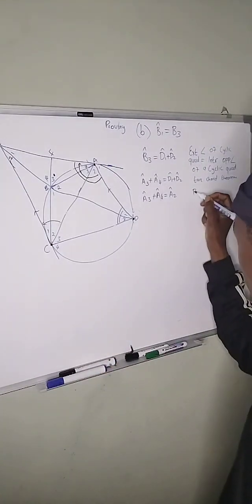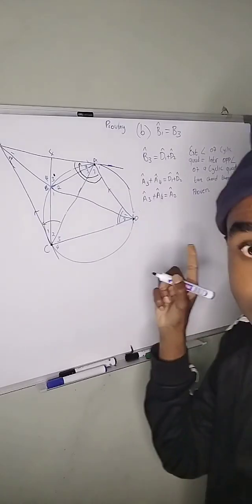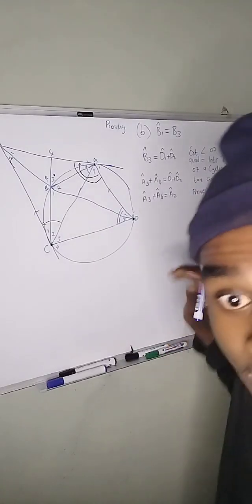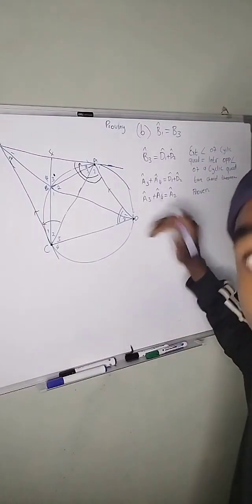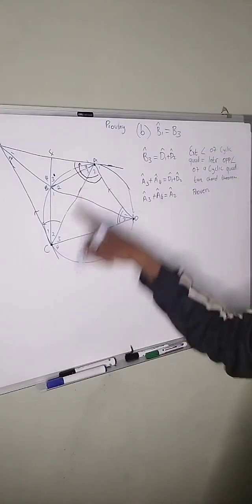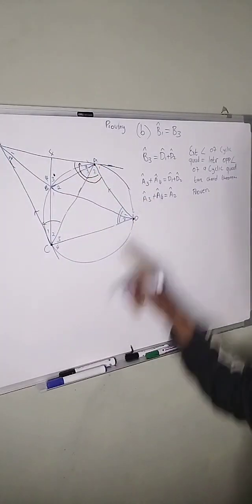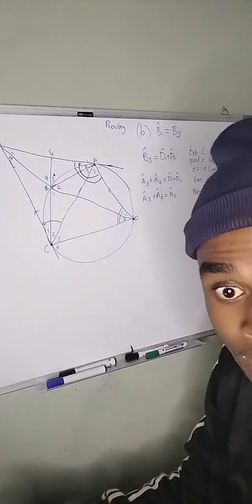Reason proven on the previous question. We all agree on that one. We proved it on the previous question that CA bisects angle PAC. We proved that, right?